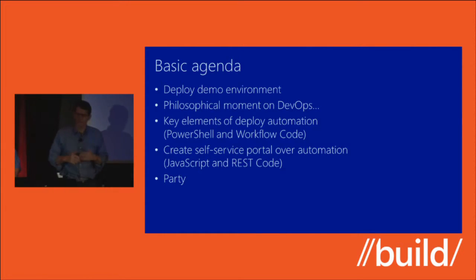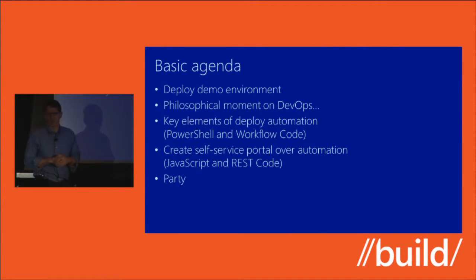Then we'll switch back to demo land after that 15-minute hiatus, and walk through the key elements of what just happened. We'll go through the automation scripts and show how we made it all work. Then we'll spend a few seconds on why you care about making things simple and right in terms of the automation layers.